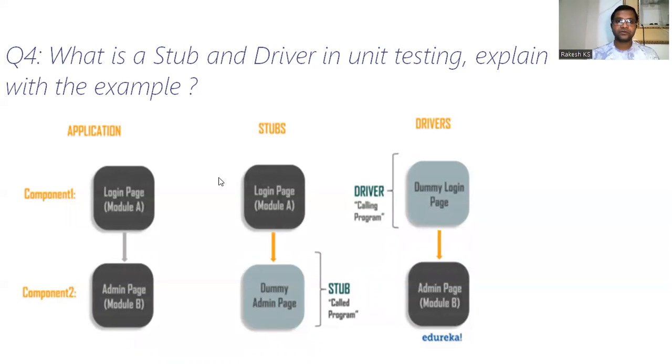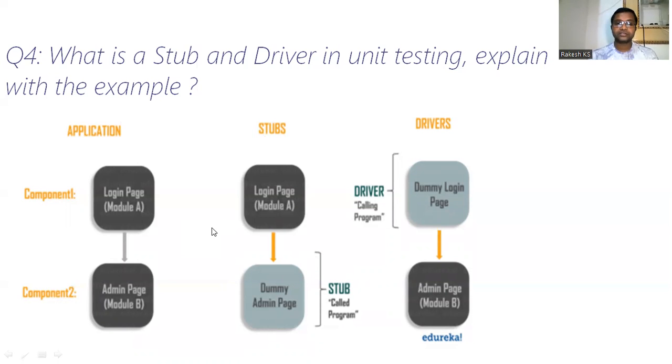When you take it as a stub, the stub is nothing but a dummy document which is used to test a specific component or an application. Here the client says the login page is already done, and component 2, the next page after login which takes you to the home page, is not done.